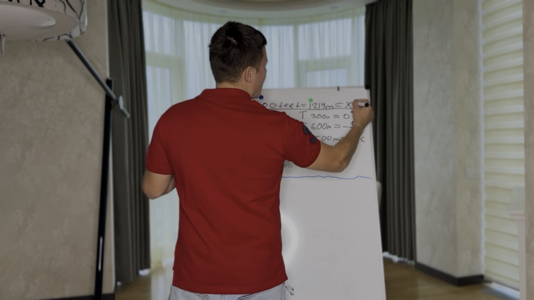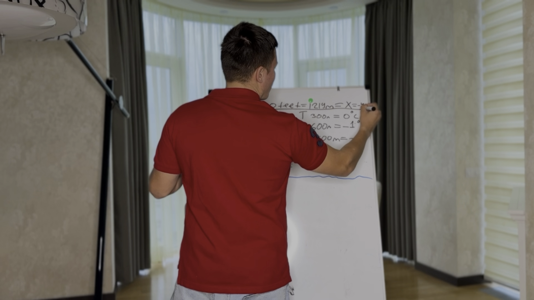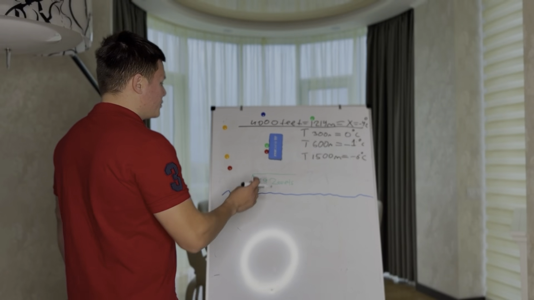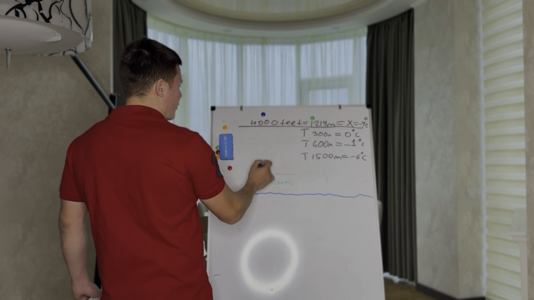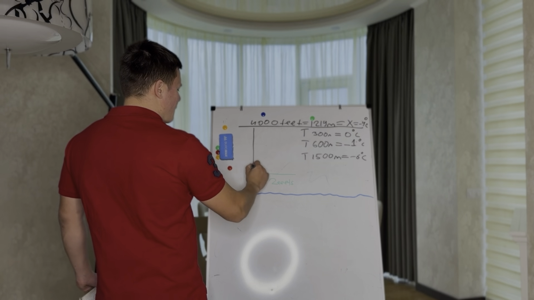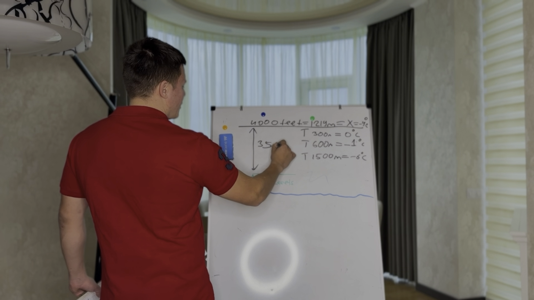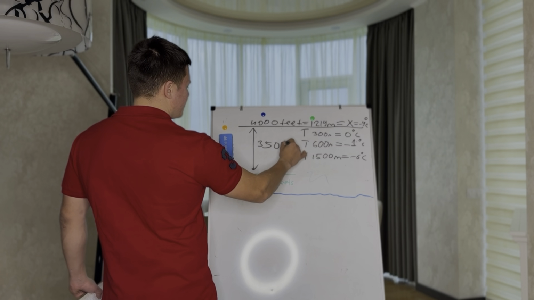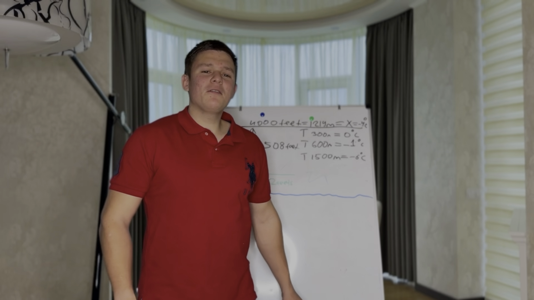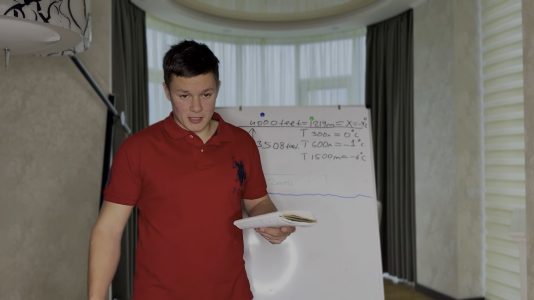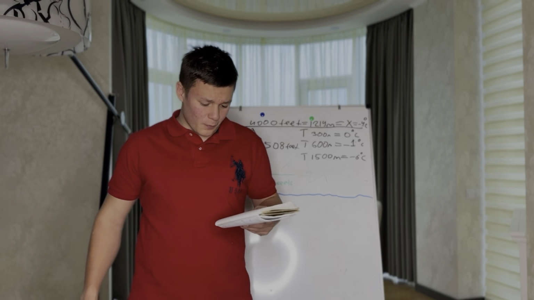It will be -4 degrees. The altitude from the aerodrome level to the cruise altitude will be 3,508 feet.